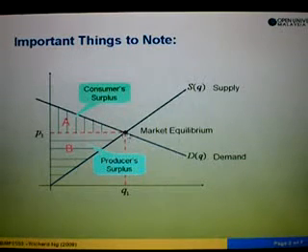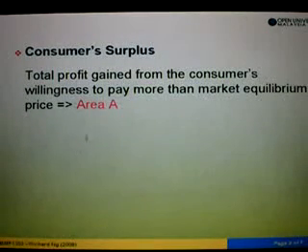Once we have found the equilibrium point, from the equilibrium point we draw a dotted line to the y-axis, which represents the price. Then area A represents the consumer surplus, and area B, which is below the equilibrium point, represents the producer's surplus. Now what is consumer surplus actually?